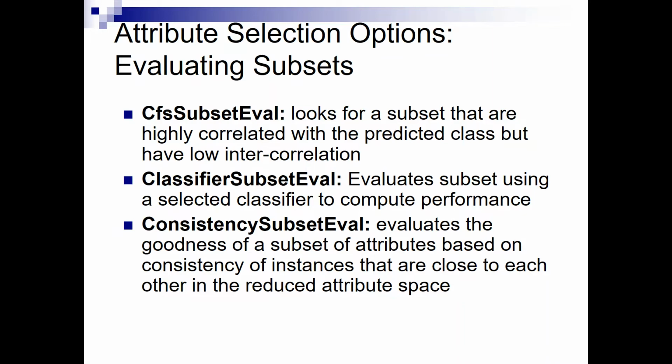So consistency subset eval is going to look for a subset of features that gives you neighborhoods that are very homogeneous with respect to class value. So if you were going to use instance-based learning, consistency subset eval makes sense as a feature selection technique because you'll get neighborhoods that will have high utility for making predictions.